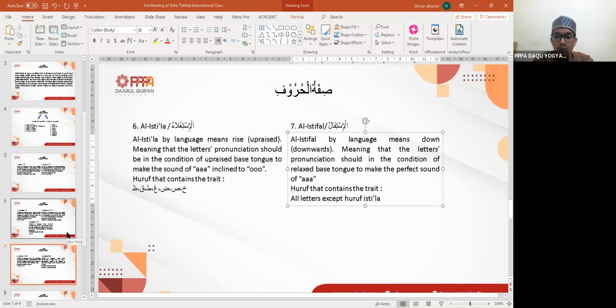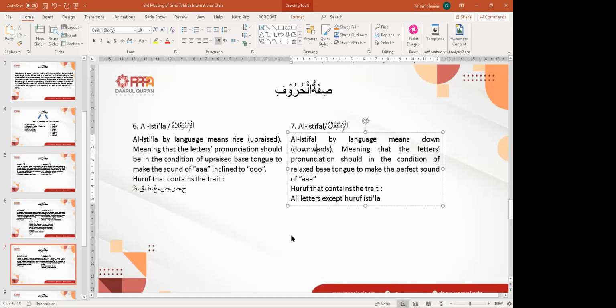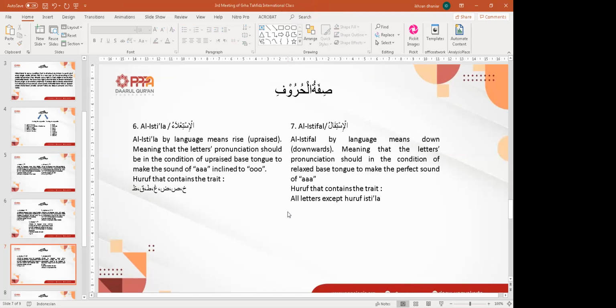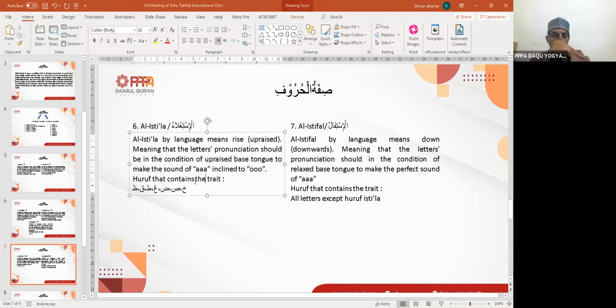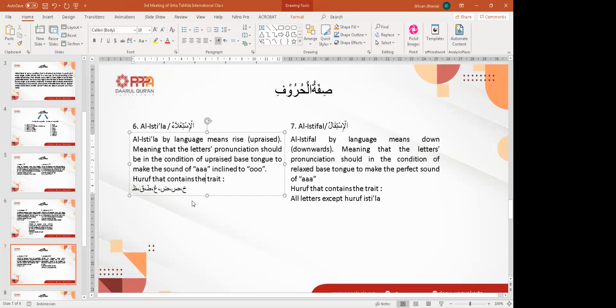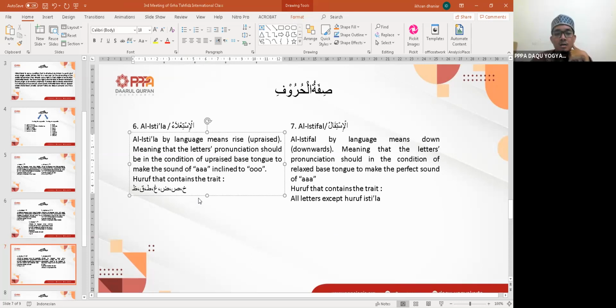Let's move on. Ustad, sorry, can you give examples about al-isti'la because some of the letters can be hard. Kha. It's not ho. You don't have to circle your mouth like that. It's kha. Sa.